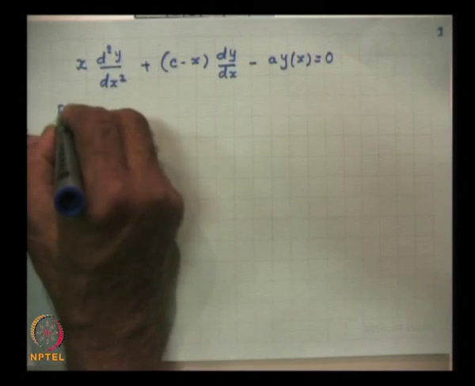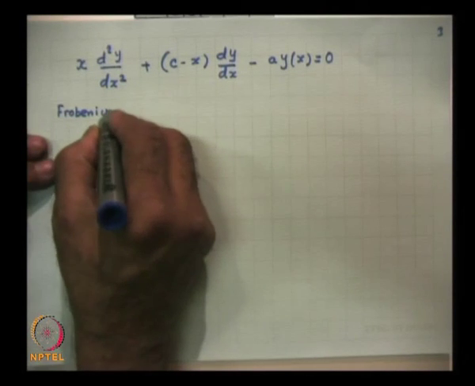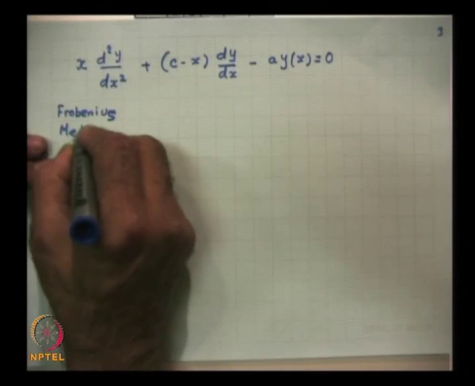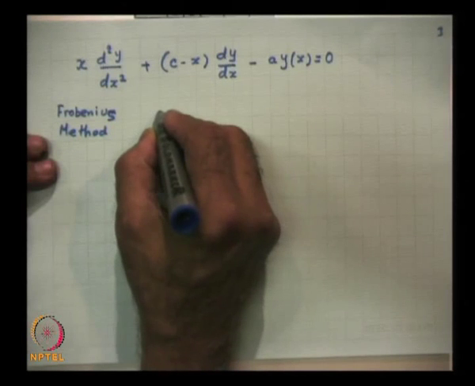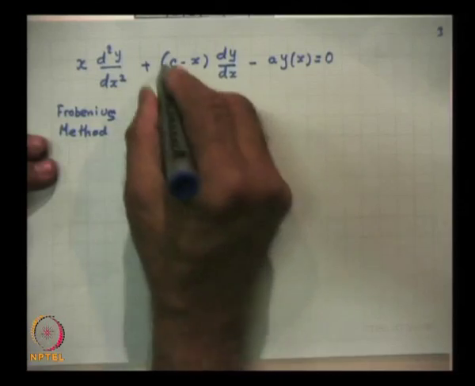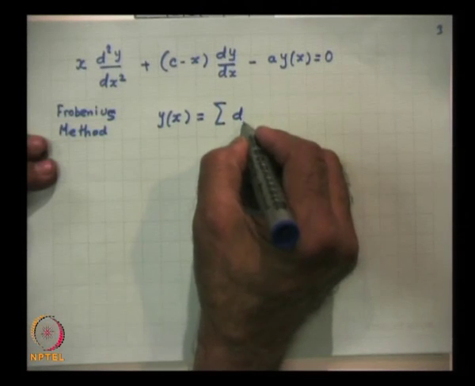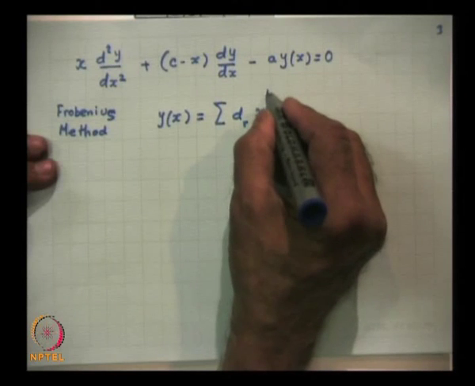In the Frobenius method, we assume a power series expansion. Usually it is written with c, but since c appears in the equation, we will write d_r x to the power of p plus r.